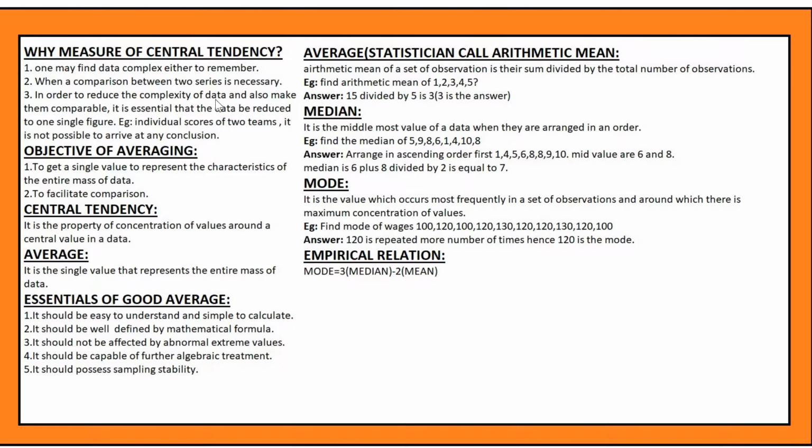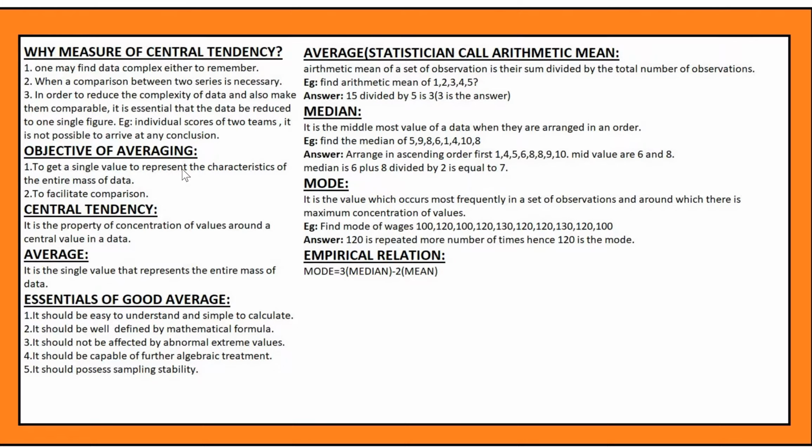In order to reduce the complexity of data and also make them comparable, it is essential that the data be reduced to one single figure. When a series is reduced to one single figure, then you can compare two teams' average, two teams' performance, two teams' efforts, etc.